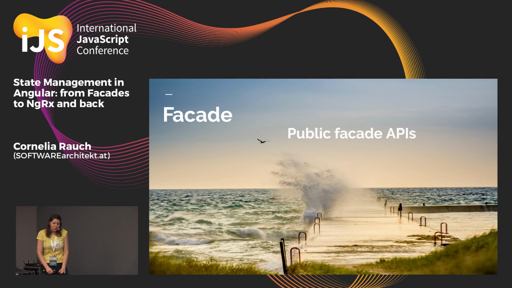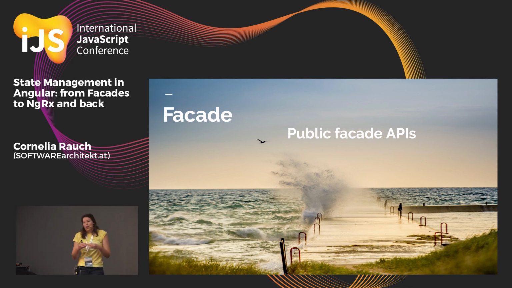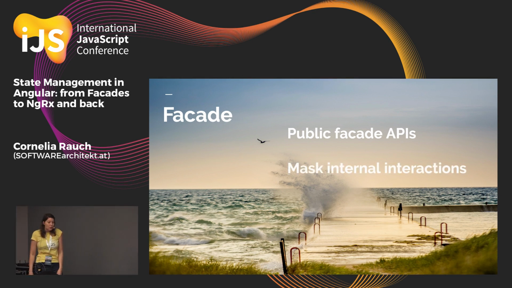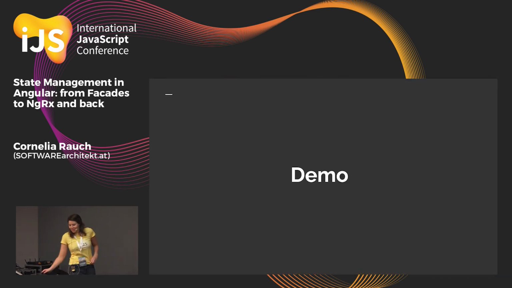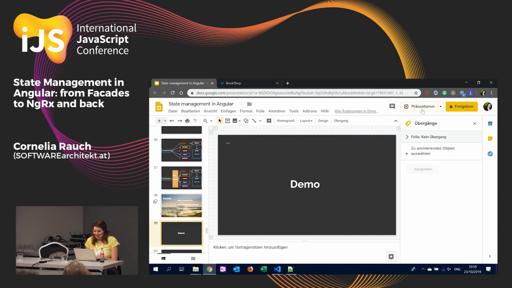So what the facade does, we have to think about a public facade API for our store to create nicer state, and it also masks internal interactions with the store, so you don't have to know about everything that's going on in the store, which is especially great if you have new programmers coming into your project and they don't know anything about NgRx, and so you can just mask that and just let them use the facade. And also it lets your components stay dumb, as I mentioned before, so they don't have to know about everything. And I'm quickly going to show this also in a demo. I still have time.